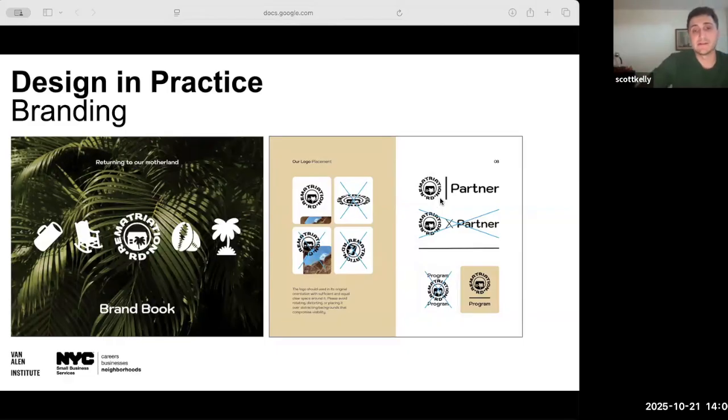For a small organization that's just one or two people, a 30-page document that has all these hyper-specific scenarios of what to do and what not to do is maybe excessive or unnecessary, or even at worst, counterproductive. So a brand book or guideline can be as simple as, this is your 3-color scheme, this is your logo, and this is a typeface or font. Or it can be something much more elaborate if the situation calls for it.